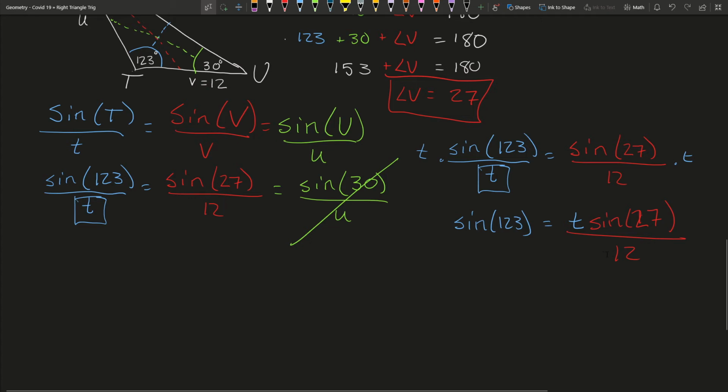Again, we got to get t by itself, so I'd multiply by 12. And then finally divide by sine of 27.